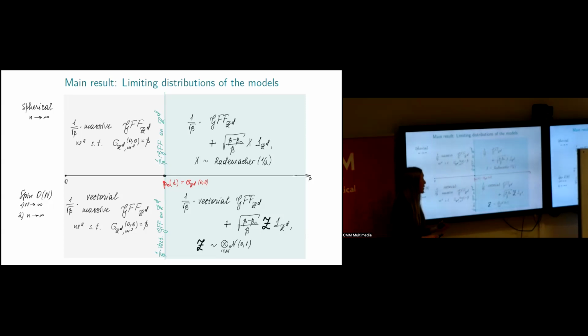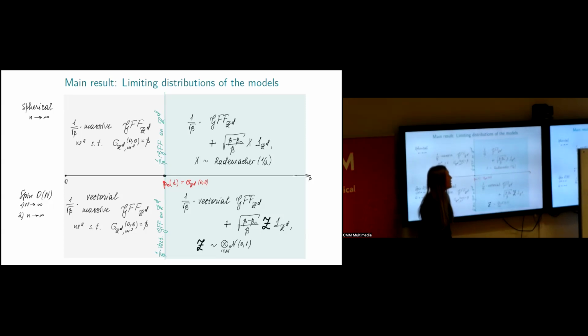And above the inverse critical temperature, this is the low temperature regime, we get the GFF plus this constant-in-space drift, but of course by symmetry it has to be a random variable.